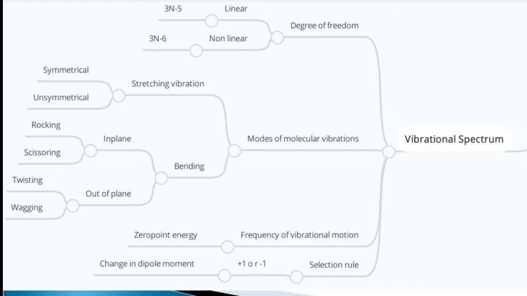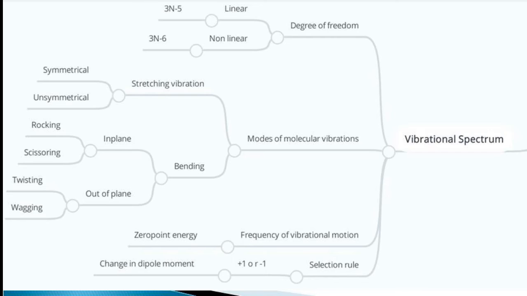In this point, our aim is to study what is degree of freedom of movement, why the formula for linear molecules and non-linear molecules changes, and how to determine this. Then the number of modes of vibrations, the vibrations containing stretching and bending vibrations.